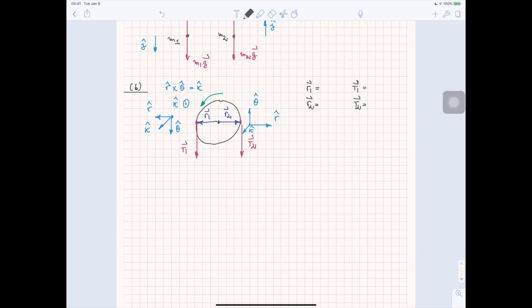R1: the radius of that pulley is capital R, so the magnitude is R in both cases. The radial unit vector, working on R1, is pointing radially outward here, so it's clearly R hat. Let's jump now to R2, in the direction of the radial unit vector here, also R hat.